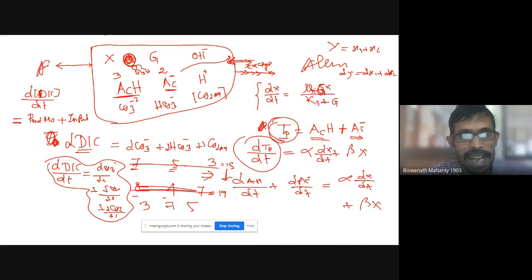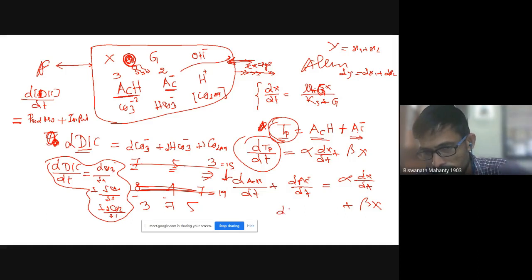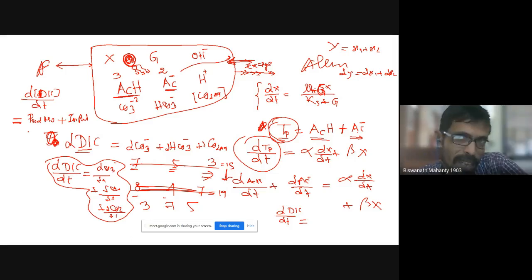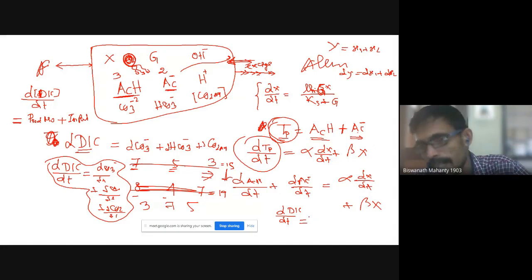So now I will write this dDIC/dt one more time. dDIC/dt, the overall change. Who are the players? Two players. One player is microbial growth. As the microorganism is growing, carbon dioxide production is also proportional. More growth means more carbon dioxide. Can I say like that? If so, I will say some constant, for example gamma, times dX/dt.